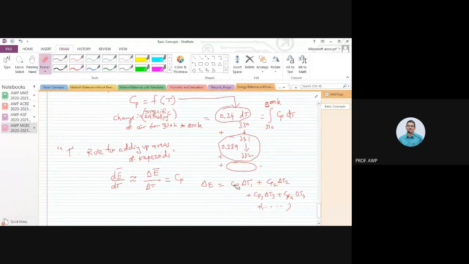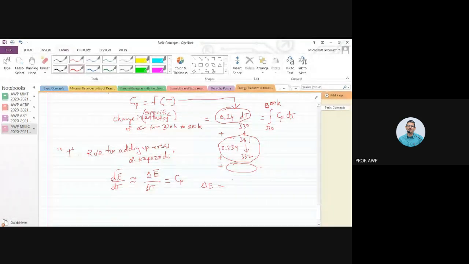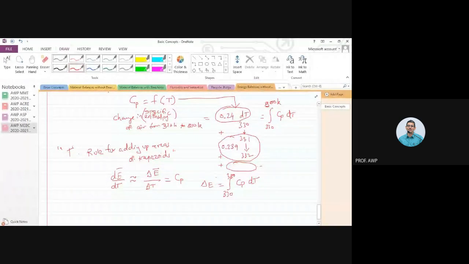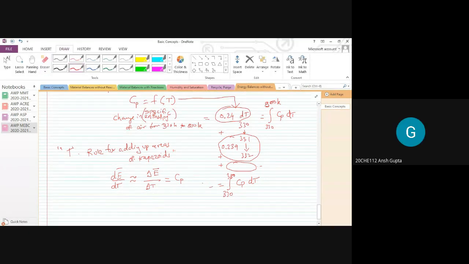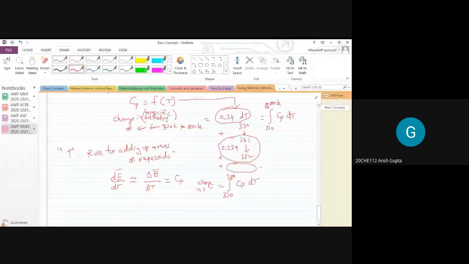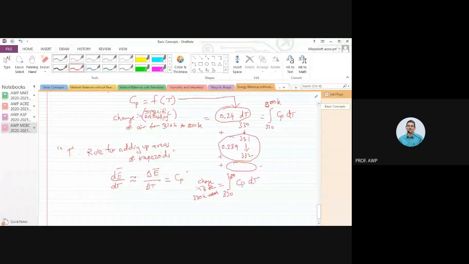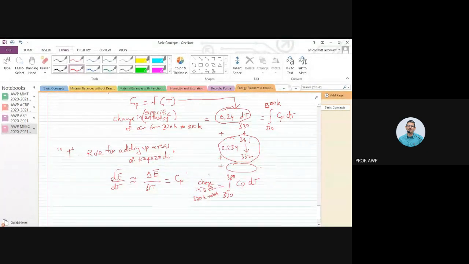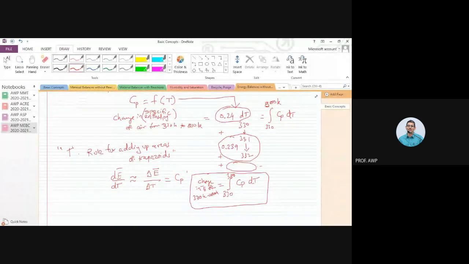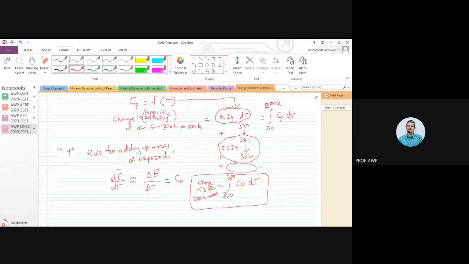Right? Is it not the same as the integral of Cp dT from 330 to 800? Do you agree? Yes, no? Yes. All right, do you agree? Can we go forward?